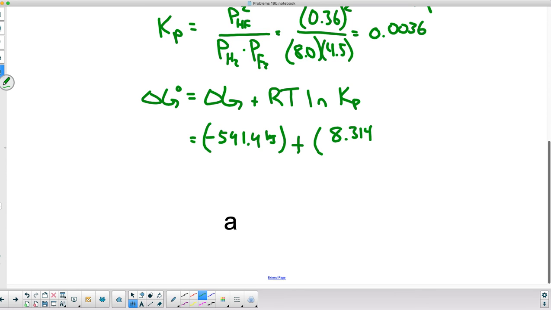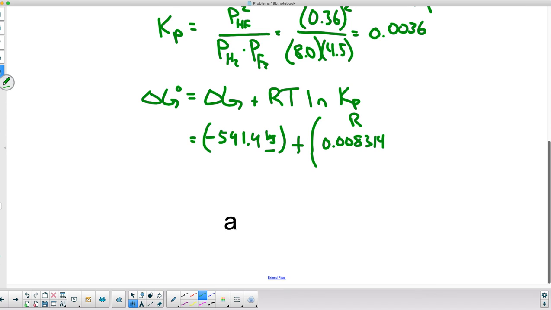Because we have kilojoules and this is in joules, I'm going to move this over 1, 2, 3 places. So let me rewrite that: 0.008314. That's our R value here.